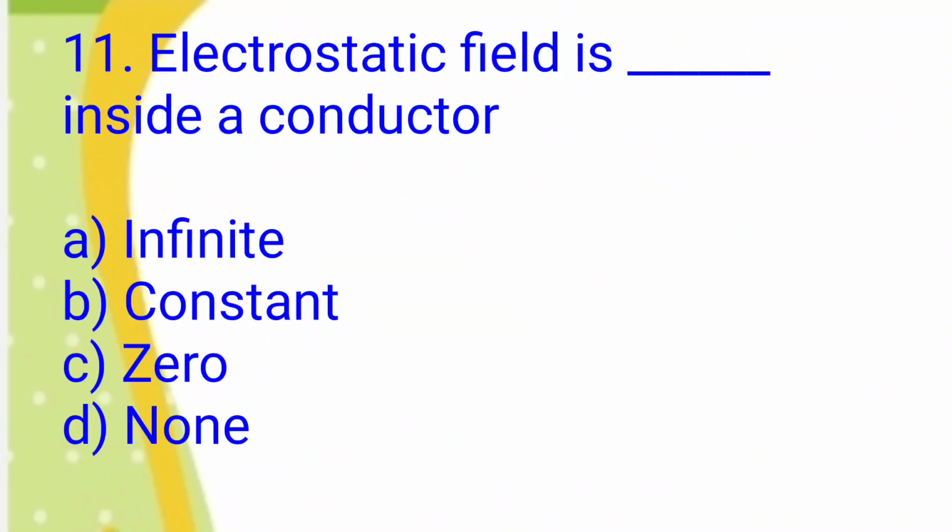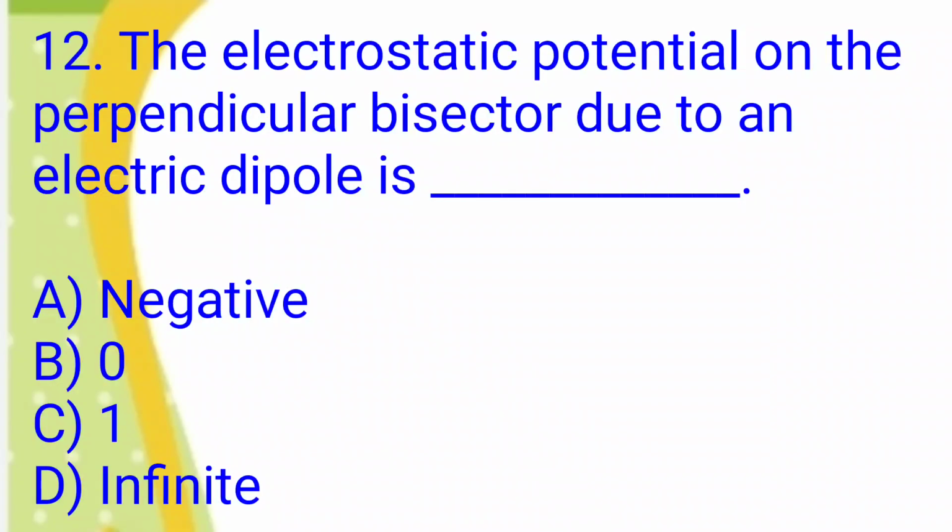Electrostatic field is dash inside a conductor. That is 0. The electrostatic potential on the perpendicular bisector due to an electric dipole is zero.